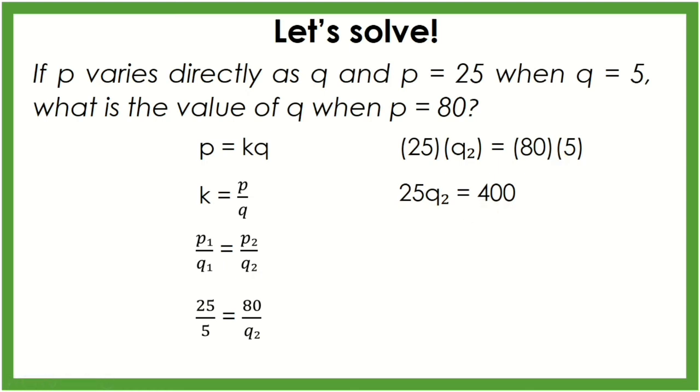And then, divide both sides by 25. We have Q sub 2 equals 400 divided by 25 is 16. So, tulad ng nakuha natin kanina, ang value ng Q is 16. Dito sa second solution natin, ang makukuha pa rin nating value ng Q is 16.